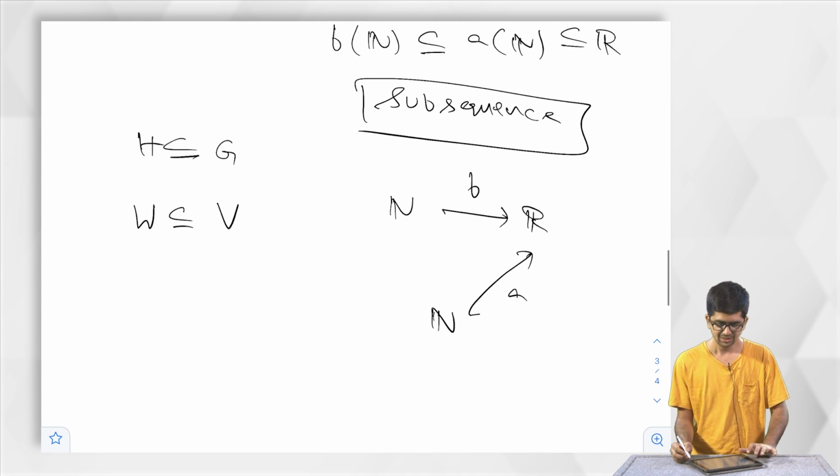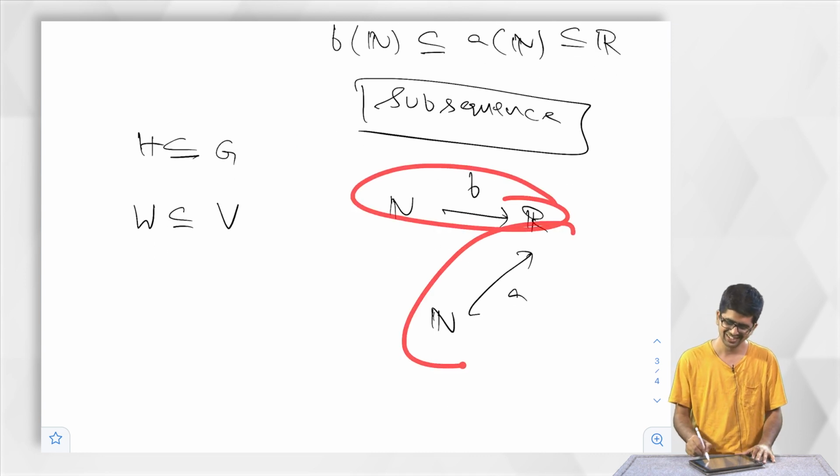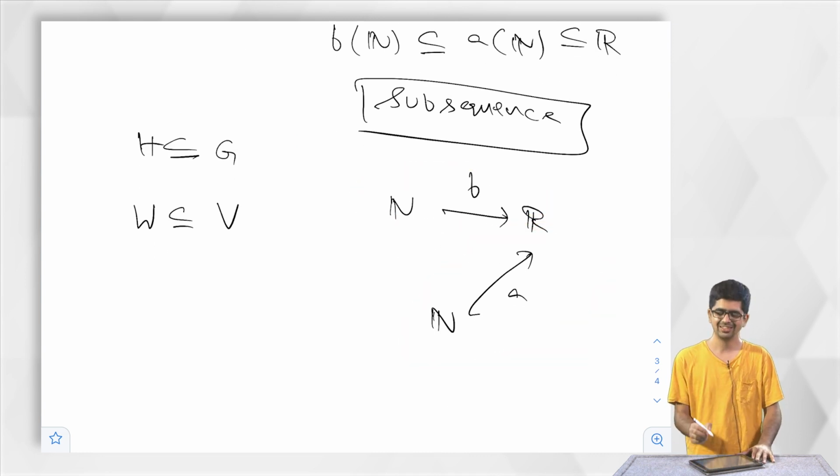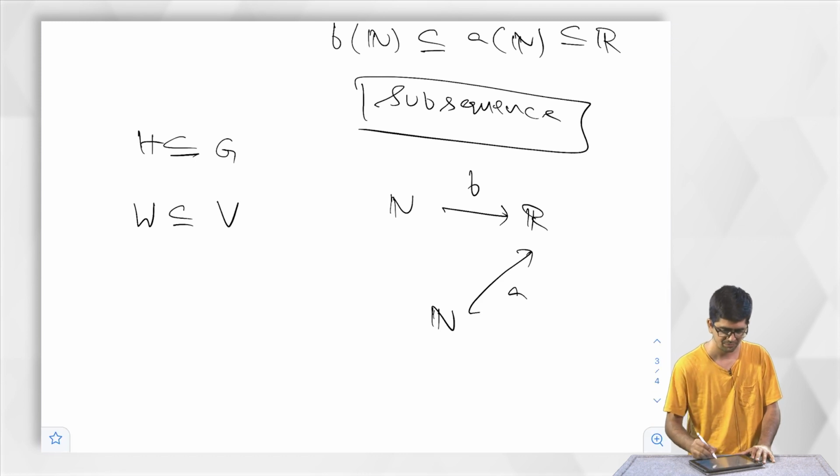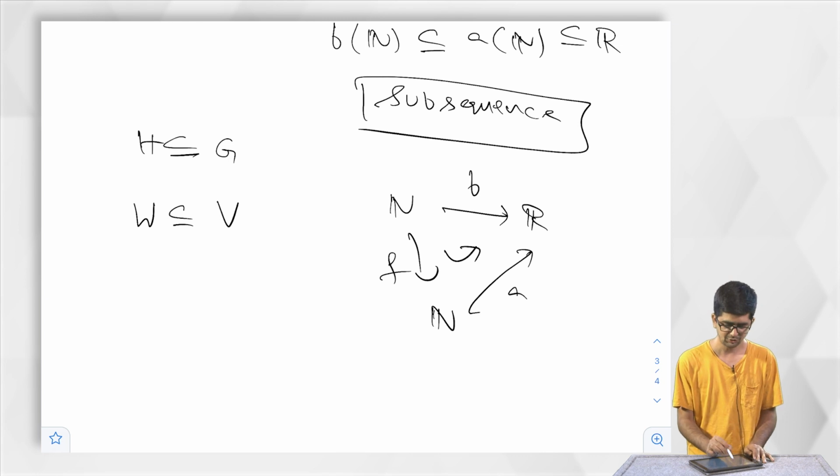Second condition is, whenever we have some situation here, we say these two are nice if there is a map that fills the diagram. So what does it mean?